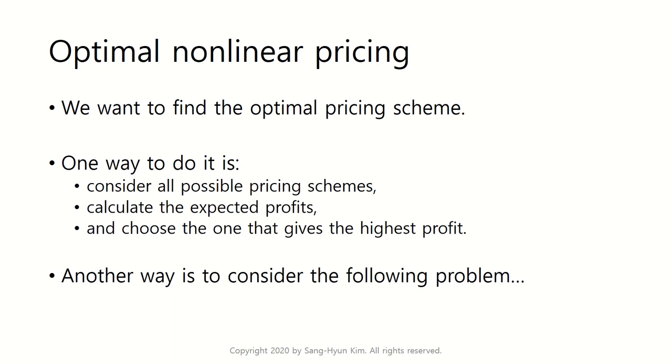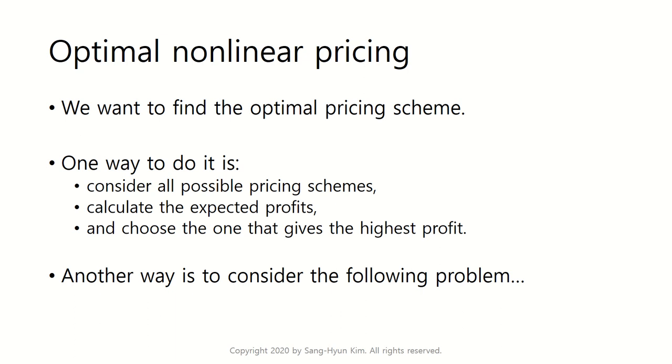The two-part tariff is an example of a nonlinear pricing, but there are many other possible nonlinear pricings. In a two-part tariff, there is a fixed fee and then a constant unit price.